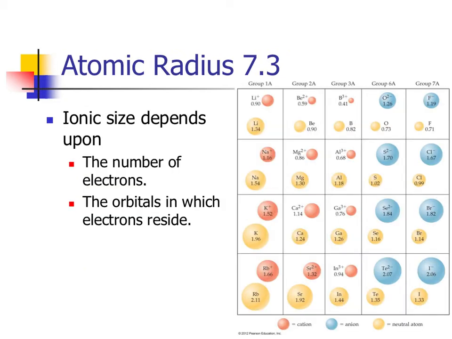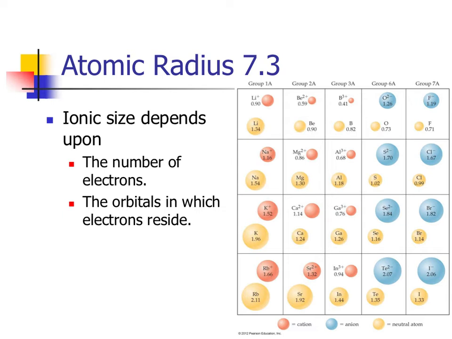So, ionic size depends upon the number of electrons, very important, and where they lie. So, the atomic radius, the normal atomic radius, is the yellow that we can see here. What happens is the ions are going to change the atomic radius as well.